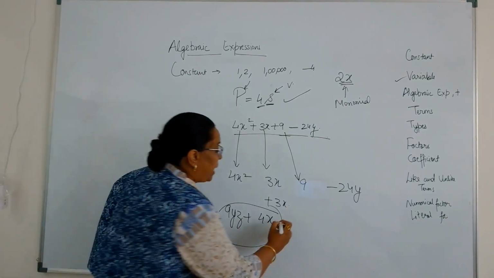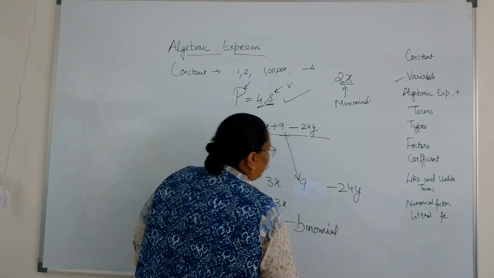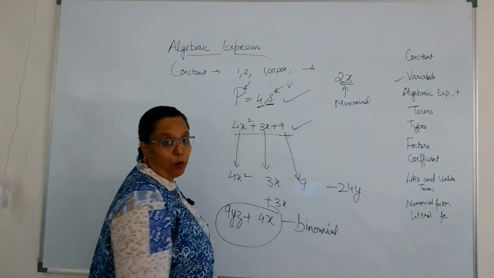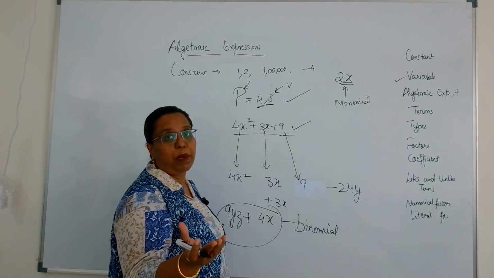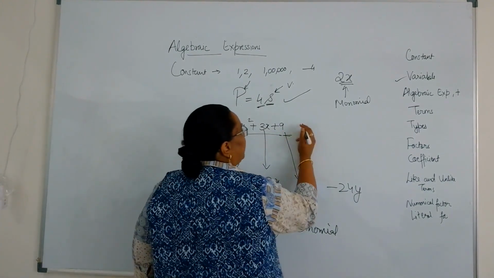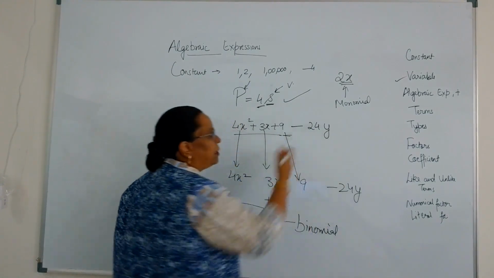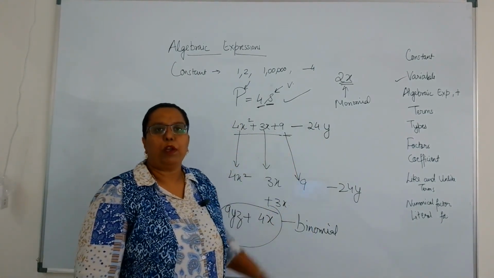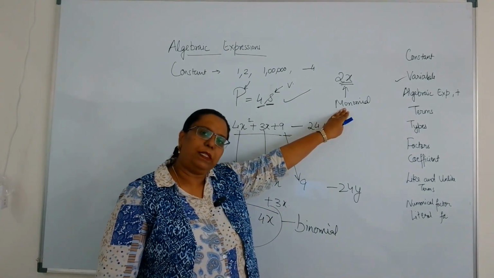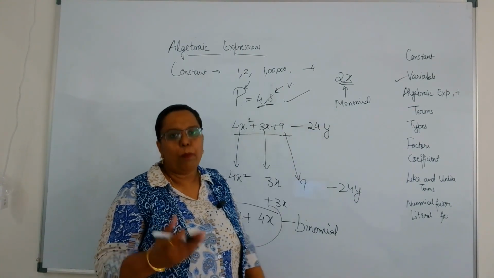So it's a binomial. Then suppose I see this. This is a trinomial because 3 terms are separated by plus or minus, and the expression which I wrote before, with 24y, is a polynomial. Fine. So after monomial, all types of algebraic expressions are polynomials.